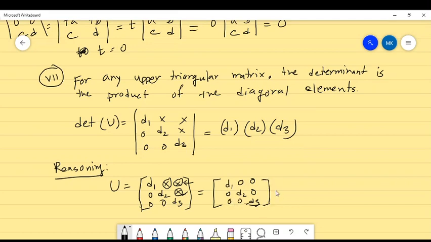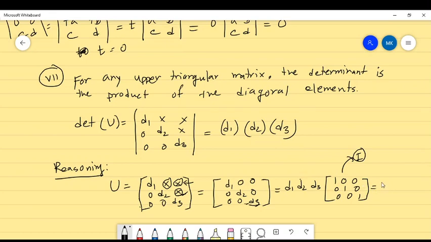So from this matrix, you can take out d1 from the first column, d2 from the second column, and d3 from the third column, and you'll have a matrix like this: 1 0 0, 0 1 0, 0 0 1. And from the very first property, we know that the determinant of any identity matrix, so this is the identity matrix, is 1, right?